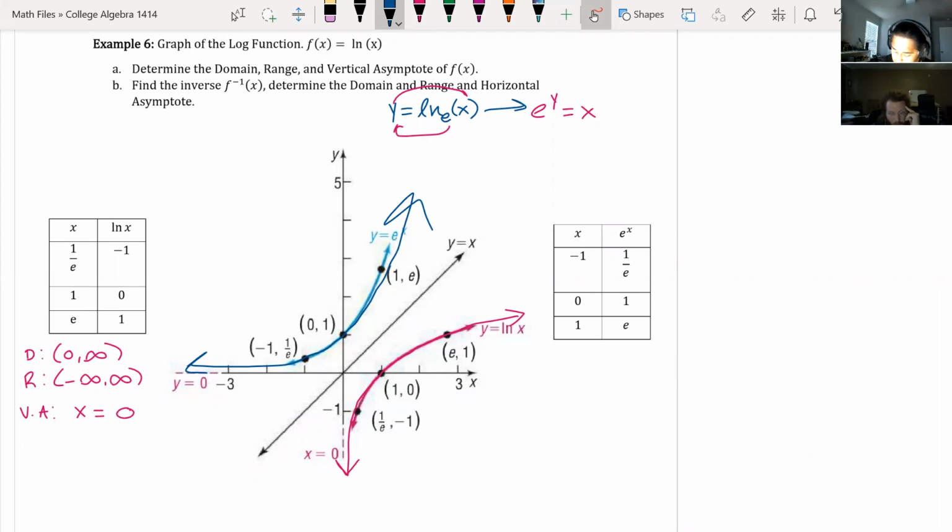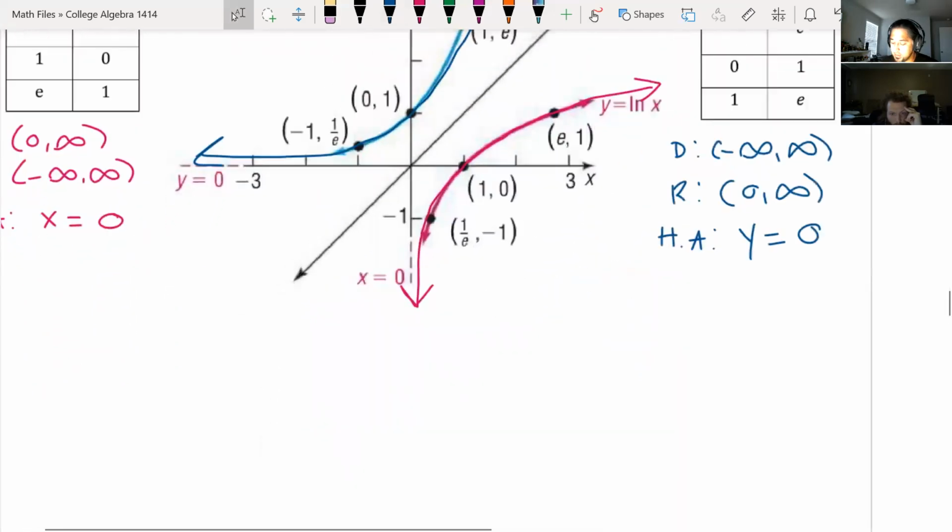So the domain is going to be all real numbers. The range is 0 to infinity. And now, since you never touch the x-axis, you have a horizontal asymptote at y equals 0.